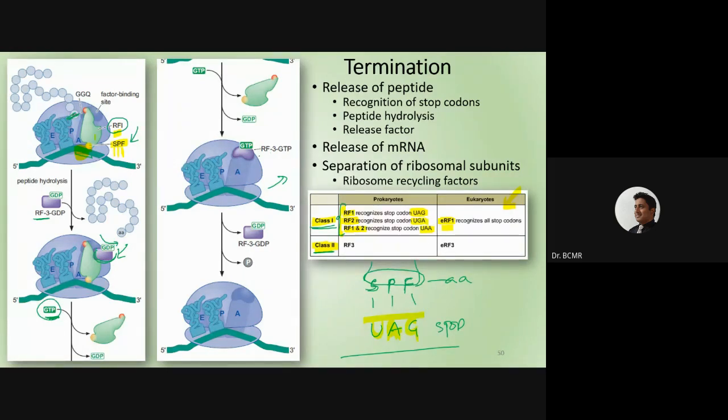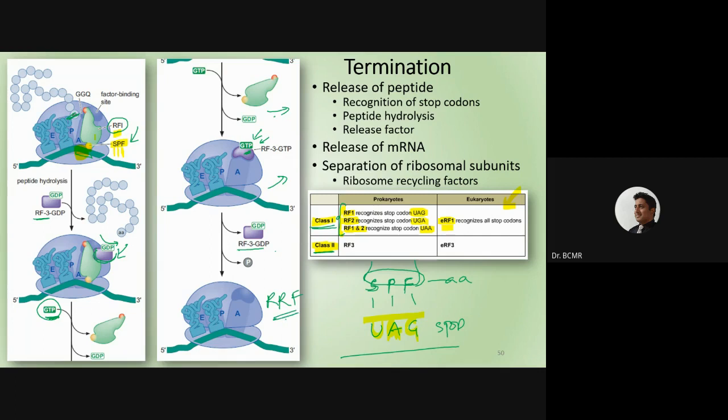Because of that change in conformation, binding of GTP allows the dissociation of the class 1 release factors. Eventually, the GTP is hydrolyzed to GDP, and RF3 is also eliminated. We will have the ribosome recycling factor that we will discuss in the next class.